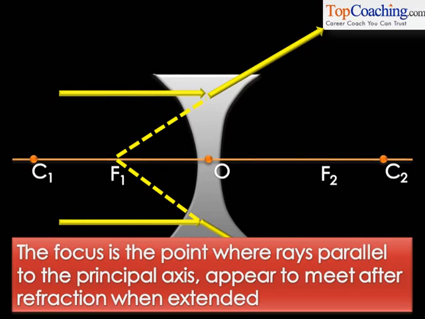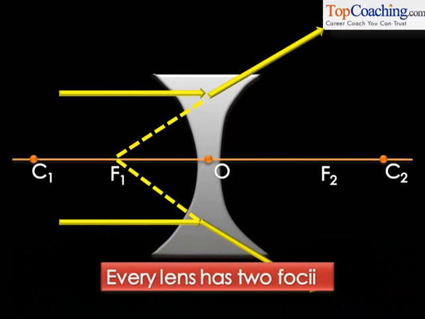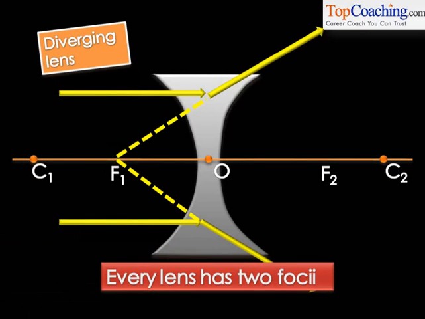Similarly, if rays are coming from the right side, the rays appear to come from F2 after refraction from the concave lens. So again, a concave lens also has two foci. Of course, as you can see, a concave lens is a diverging lens. A convex lens brings rays closer to each other. A concave lens makes rays go farther away from each other.